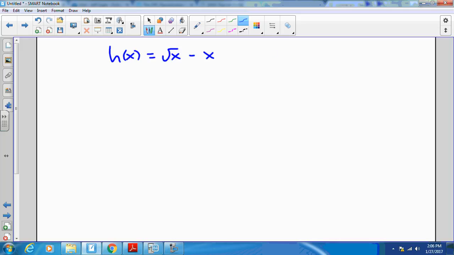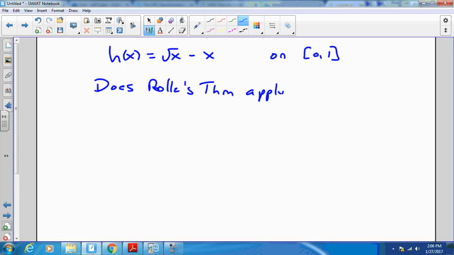Finally, let's consider h of x equals root x minus x on the interval 0 to 1. Does Rolle's theorem apply?